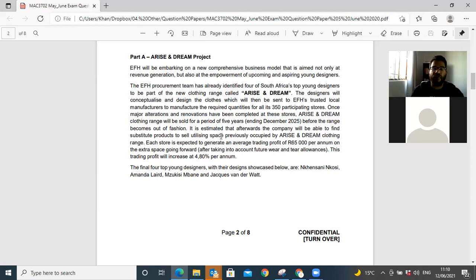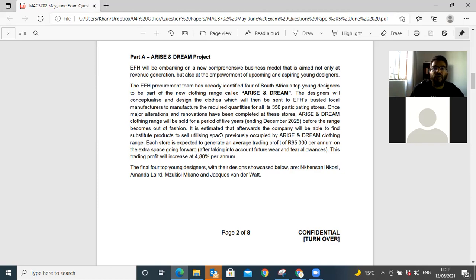So this is what they're telling you over here. After 5 years, after 2025, the Rise and Dream range comes to an end. But they're still going to have that space. What are they going to do with that space? They're going to get other products to fill up that space. Those other products will generate a trading profit of 65,000 Rand.